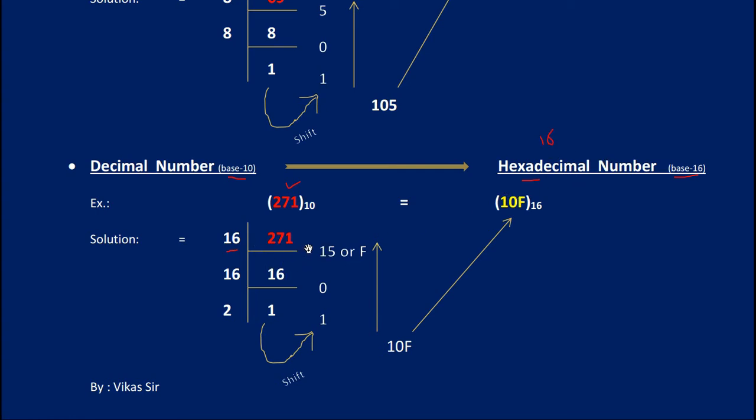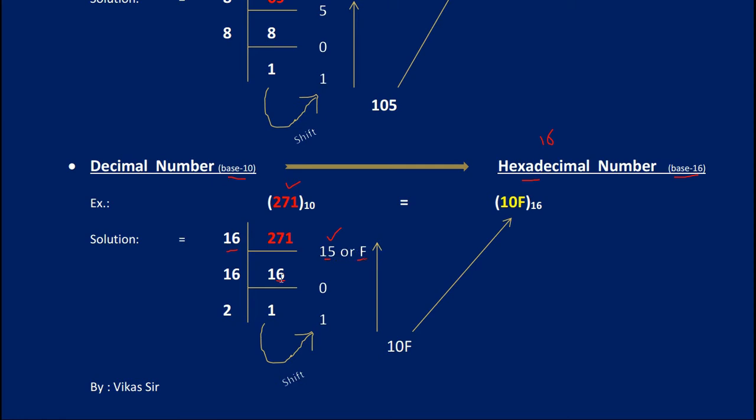So when 271 is divided by 16, the table will go up to 16 times. It means 16 into 16 will come as 256, and when we subtract 256 from 271, the remainder will be 15, and this 15, as you all know, we cannot write in hexadecimal numbers, so this 15 will be converted into the form of f, so we will write f here.